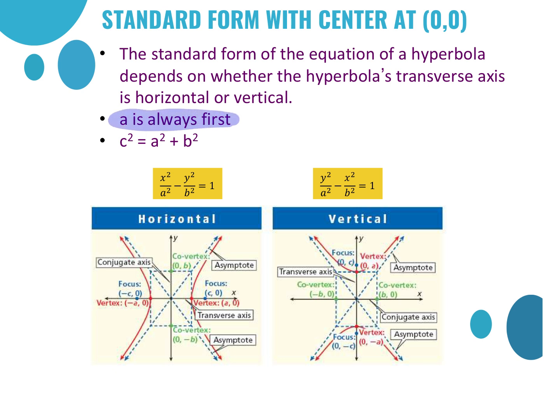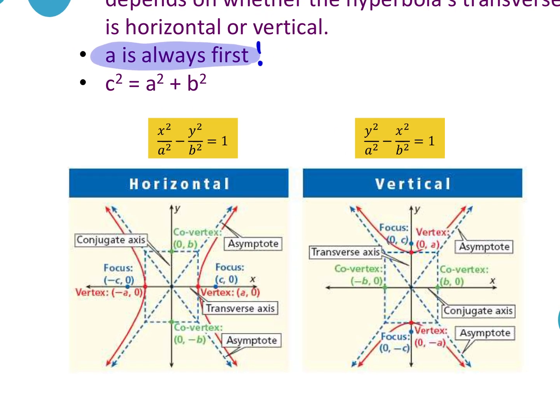Before, A was always the bigger number, here A is always first. And then our formula to find C also changes. Our formula to find C is now C squared equals A squared plus B squared. So before it was a minus, now it's plus.